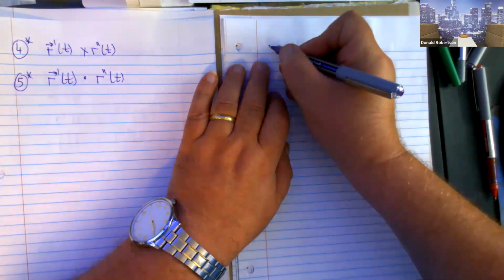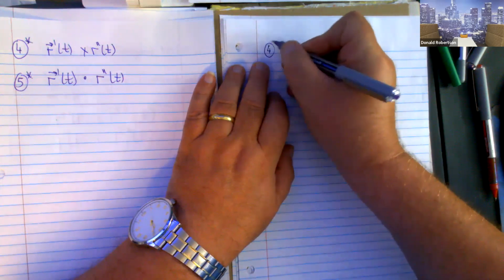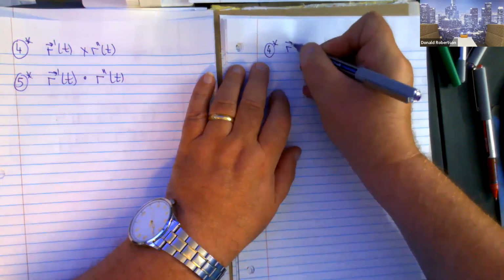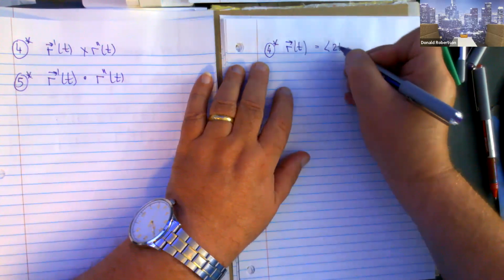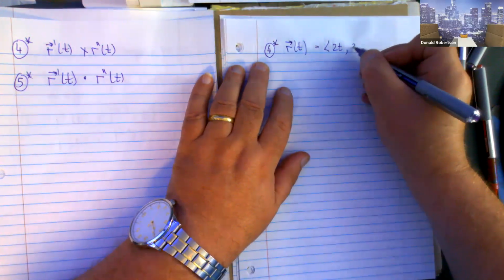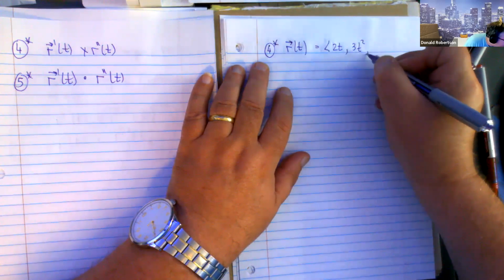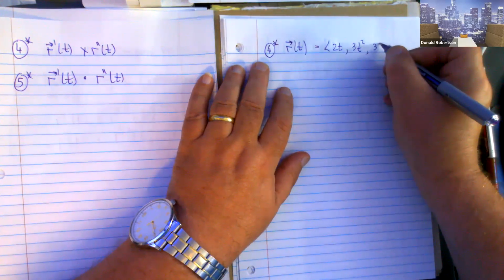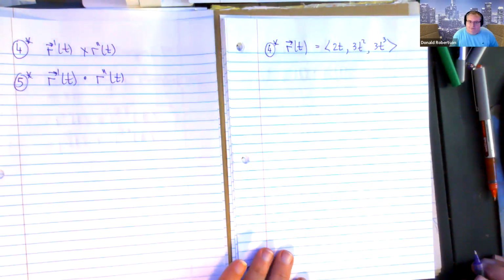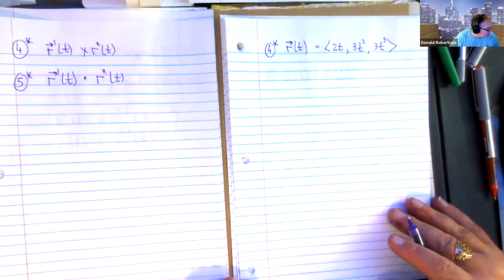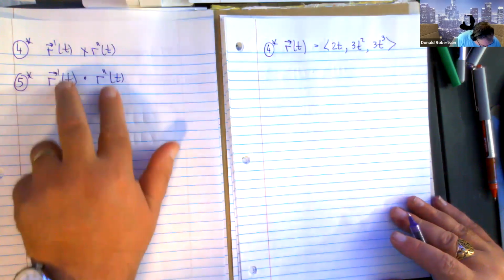Right. So in question 4, or at least a version of it, you're given a space curve, and in my example it's going to be 2t, 3t squared, 3t cubed. We are going to be asked to find the cross product.